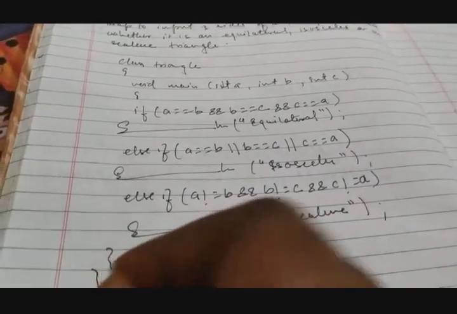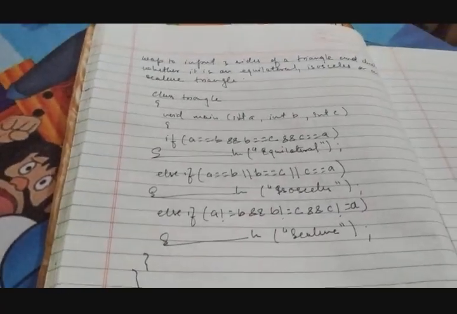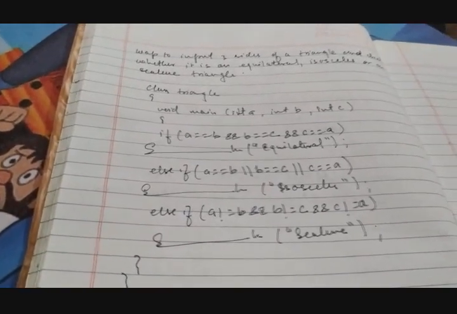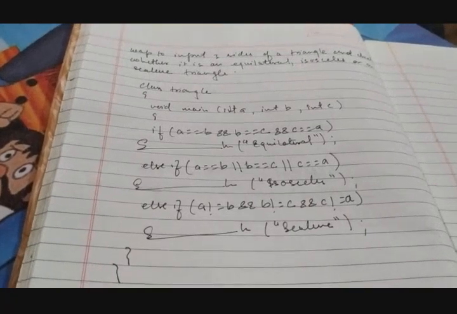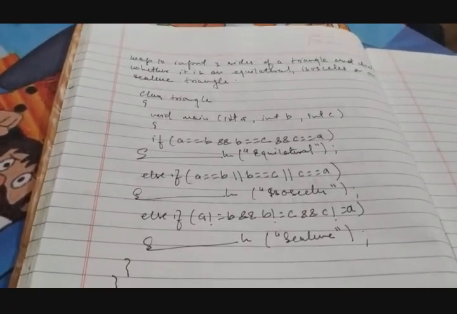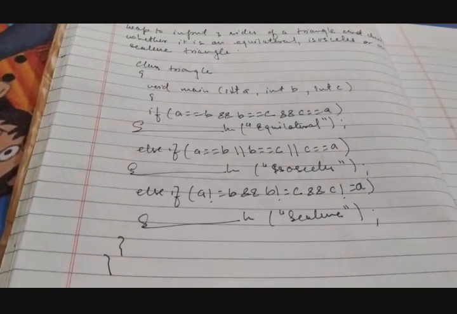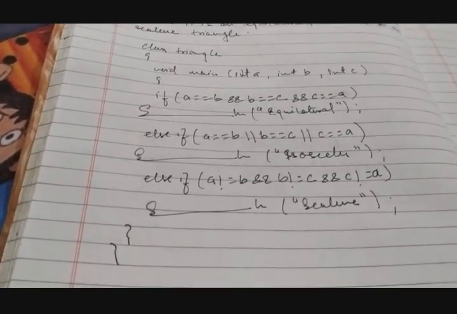Main close, class close. Are you getting it? When all three sides are equal, then it's an equilateral. When any two sides are equal, then it's an isosceles. When all three sides are not equal, then it's a scalene.